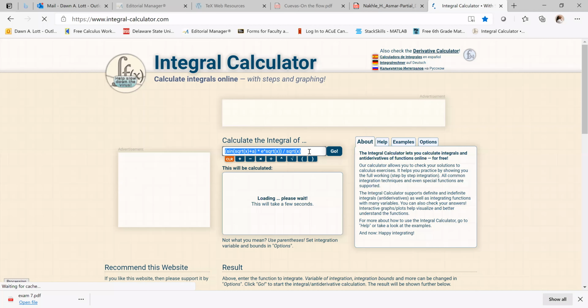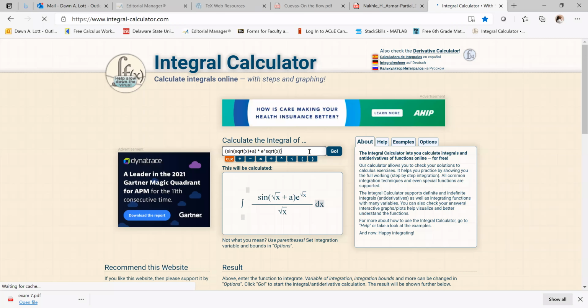And on the integral calculator, we have the sine of 2 times pi times x times the sine of n times pi over 2 times x. That's right.